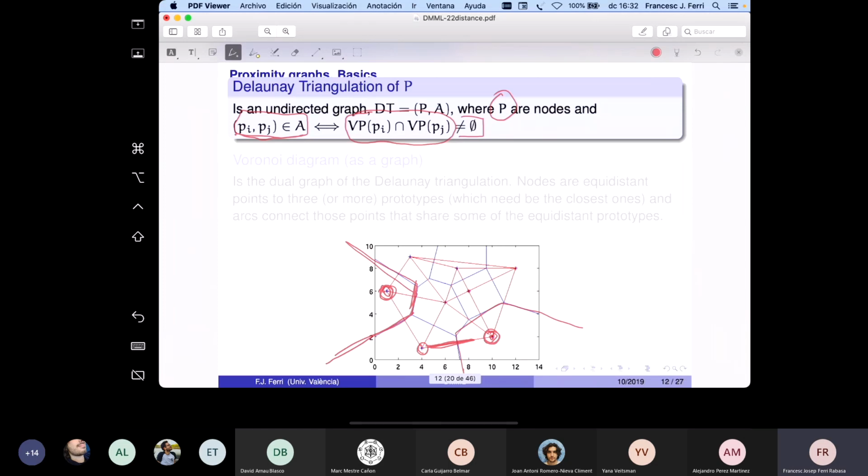So the relations in the Delaunay triangulation exist. What they mean is that there is a segment or whatever in the Voronoi diagram between these two points, but you don't specify where this segment is, just that it exists. You see?